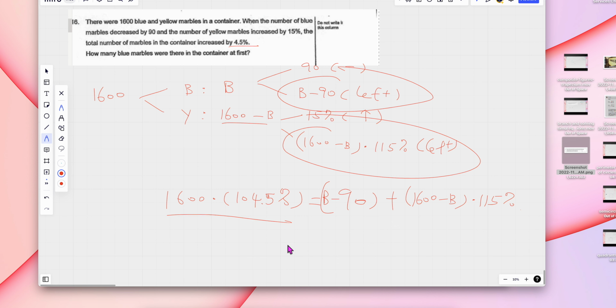So can you help me out with this first? So this is the left hand side. It's 1600 times 104.5%.